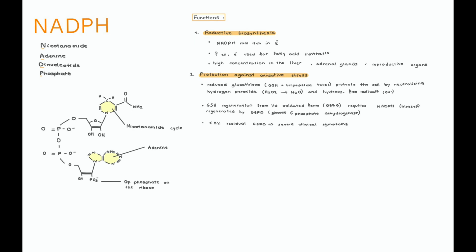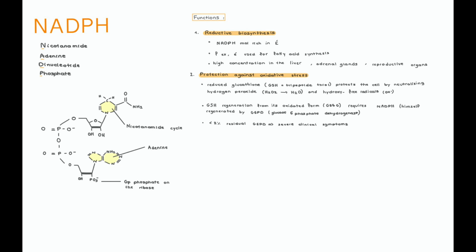So reductive biosynthesis means that we're using reductions, so we're going to oxidize NADPH to form NADP+, and doing that, we're going to synthesize biological molecules. All right, and the second really important function that NADPH has is that it protects against oxidative stress. So this is what I talked to you about before.